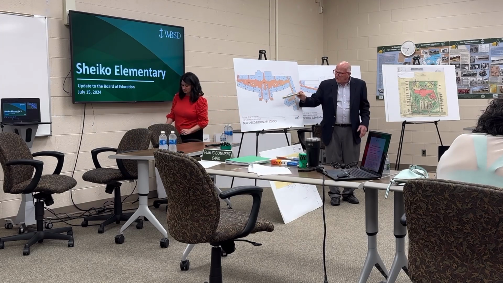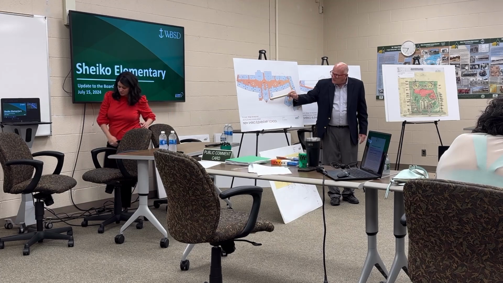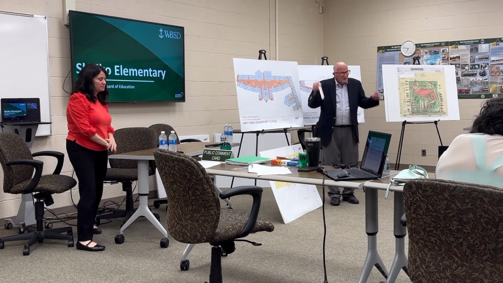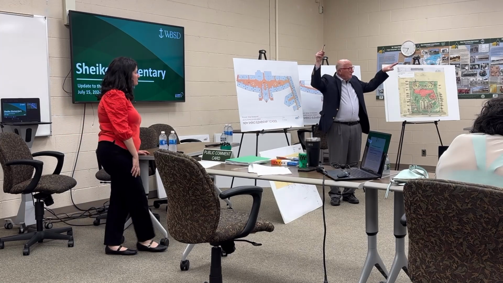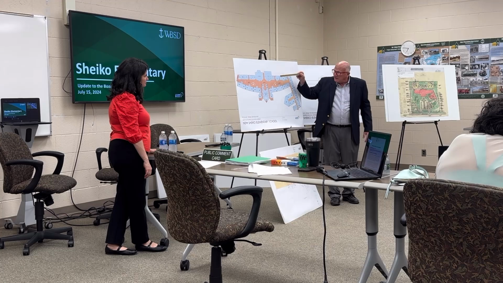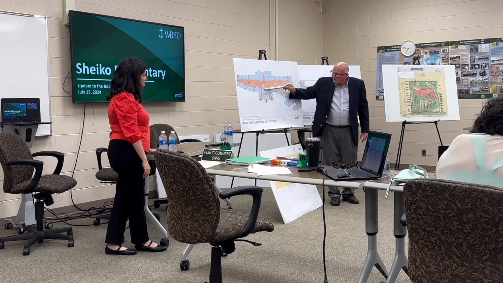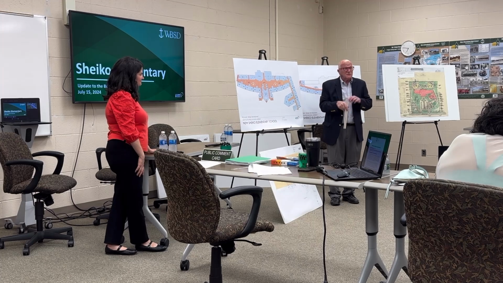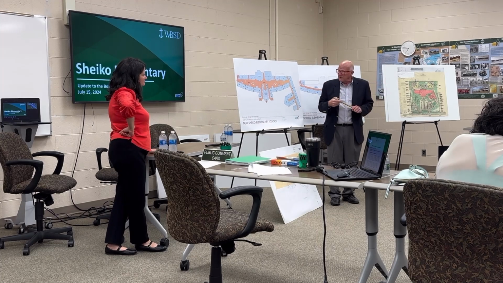Students arriving would come in this entry or this entry, and they can either go up the stairs to the second level of the building, or they can circulate right on the main level. They also have an elevator right here, so if someone is physically challenged, there's elevator access for everybody.